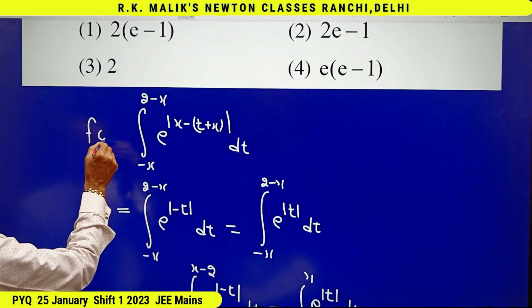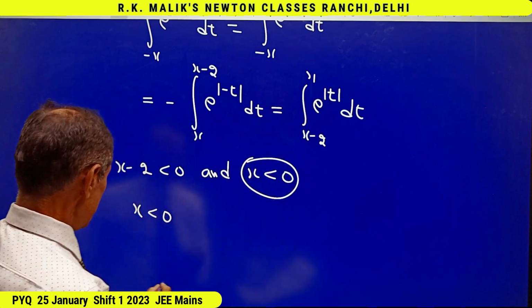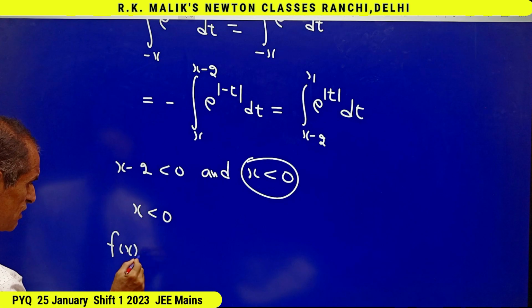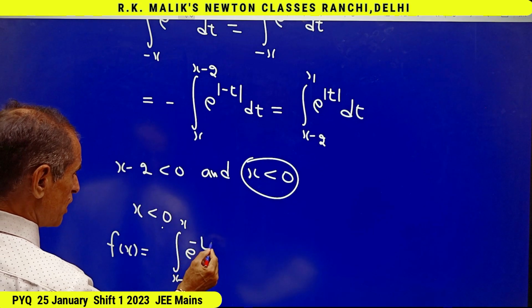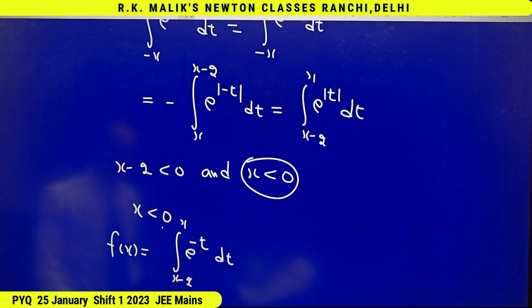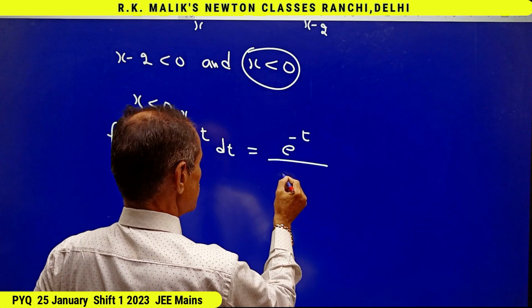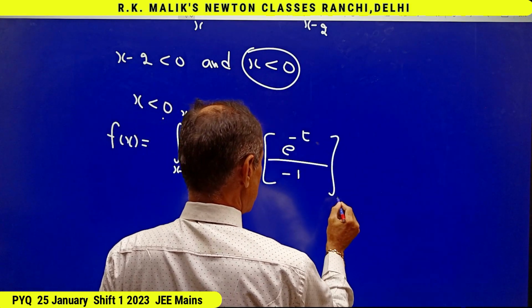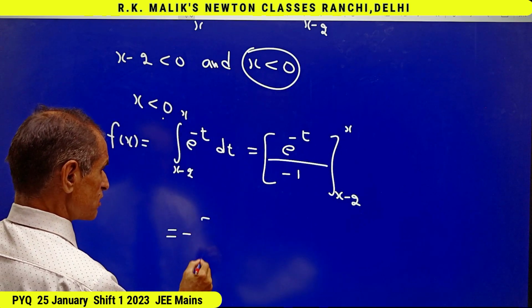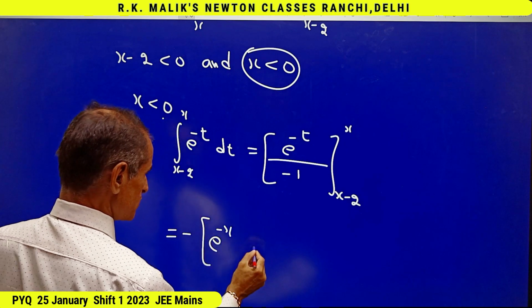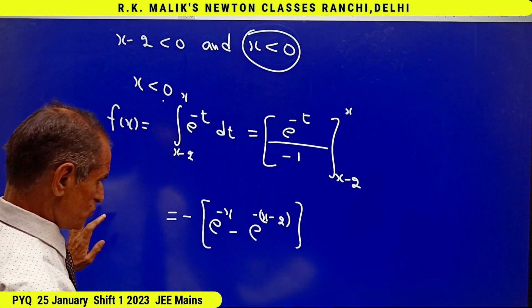And because f(x) is this, that is, this is f(x), hence I will say f(x) is equal to the integral from x minus 2 to x of e to power minus t dt. This is equal to e to power minus t upon minus 1, from x minus 2 to x, that is, I'll be getting minus e to power minus x minus e to power minus of (x minus 2).